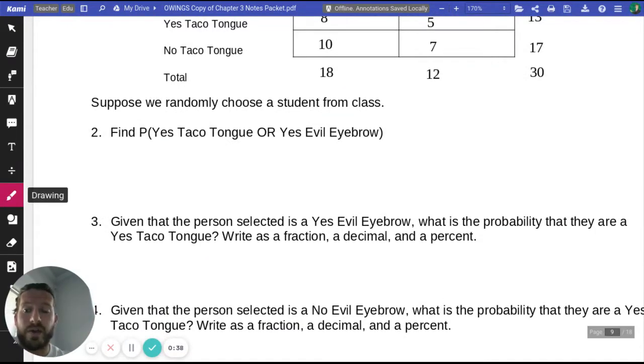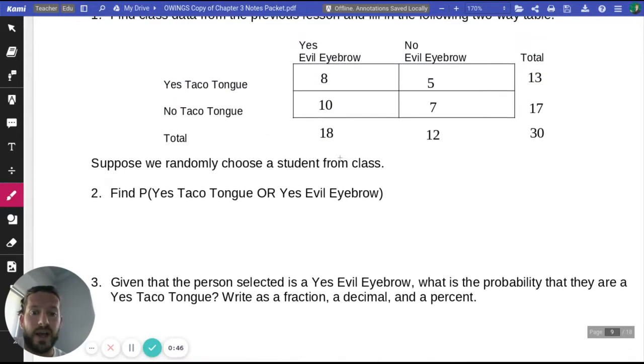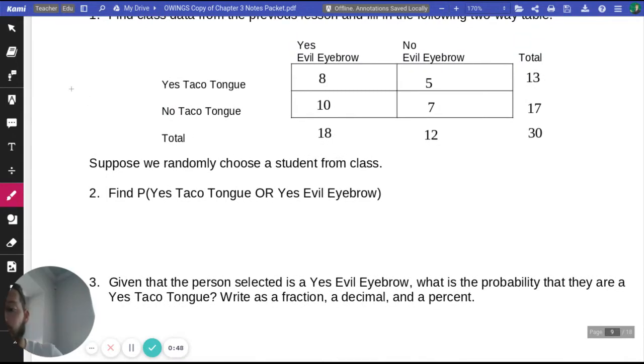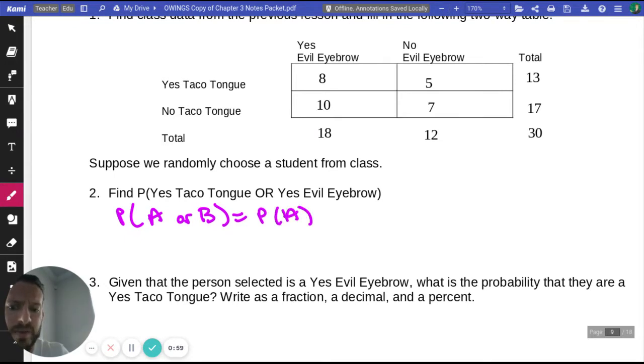We're going to start off with: find the probability that when we choose someone at random, they can do taco tongue or they can do evil eyebrow. To do that, we're going to use our addition rule, probability of A or B, which would be the probability of A, which we can say is taco tongue, plus the probability of B, which we can say is evil eyebrow.